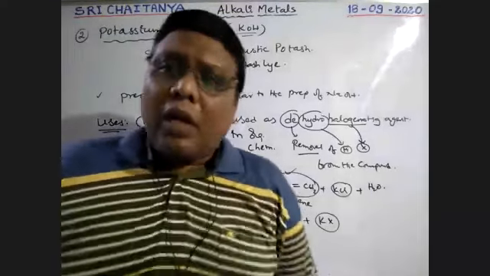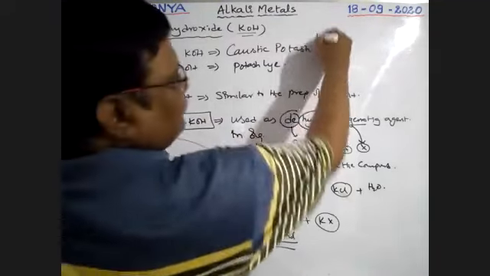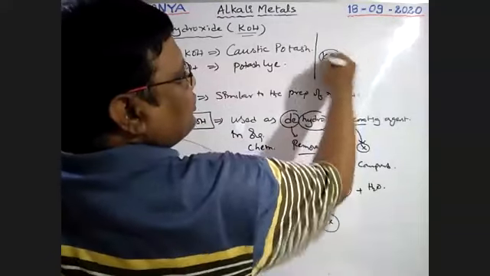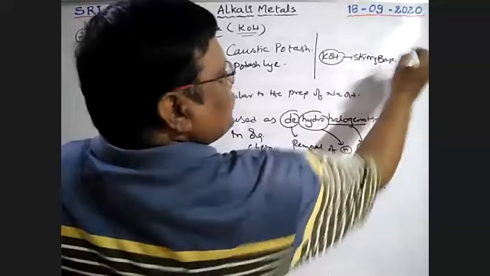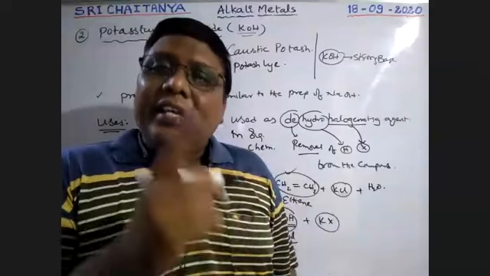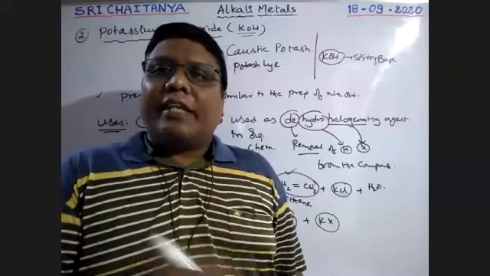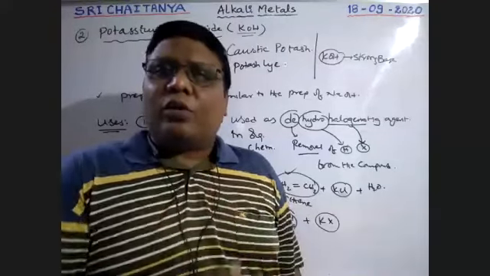Next, one more important point, boys. KOH is a stronger base than NaOH. That is why it easily absorbs acidic oxides like CO2 and SO2. Whenever you want to absorb CO2, use KOH.